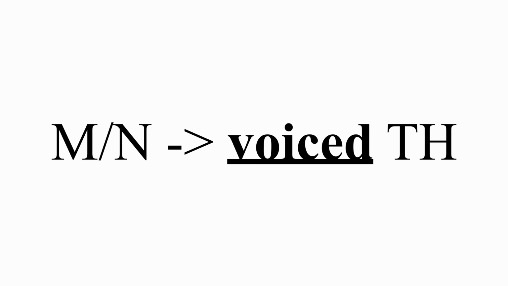Now as a bonus, there's one very special detail here, which is the dental N. And this is very specific. If you have an M sound or an N sound and you're linking to a voiced TH, what you can do is, instead of doing a dental D, you can simply do a dental N. Now what does that mean? The T, D, and N in English are all up here.